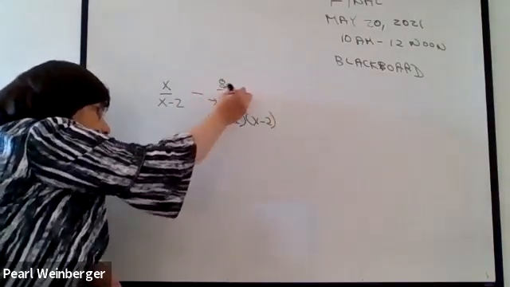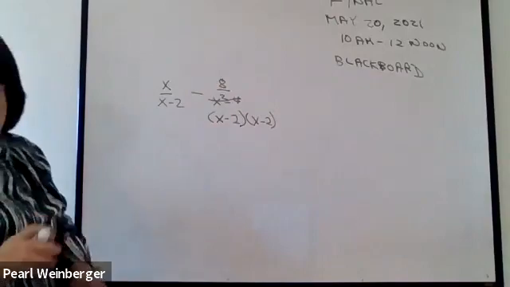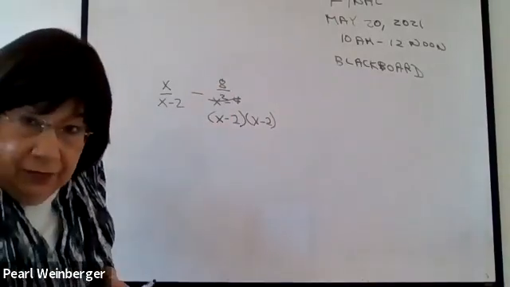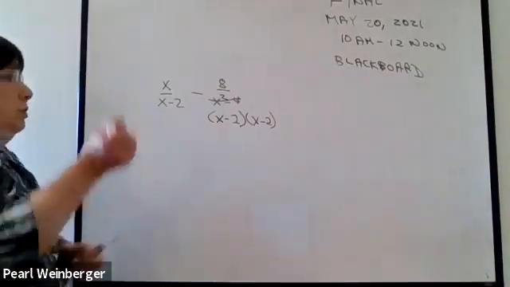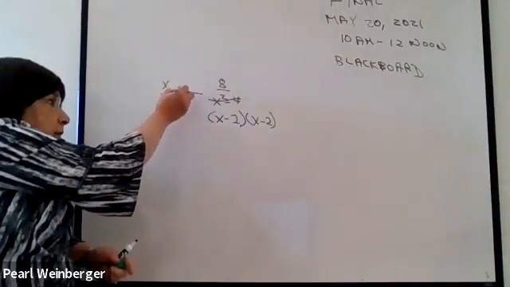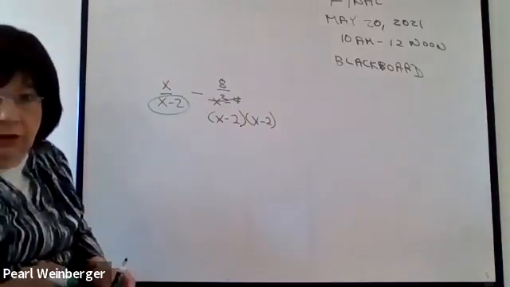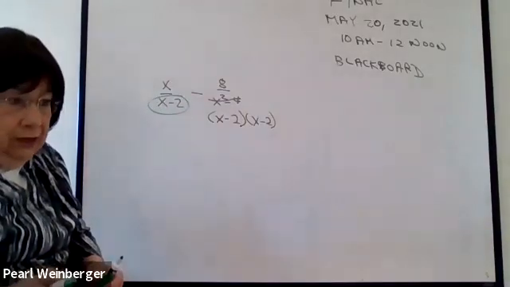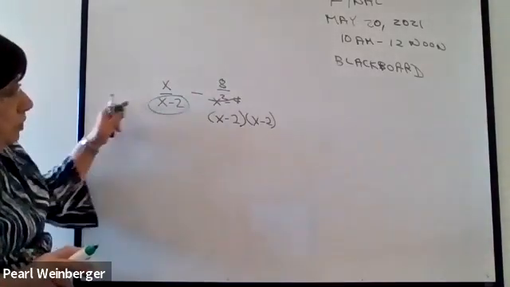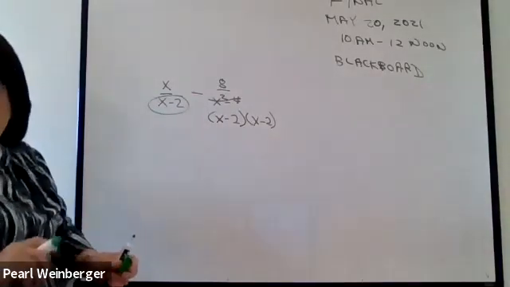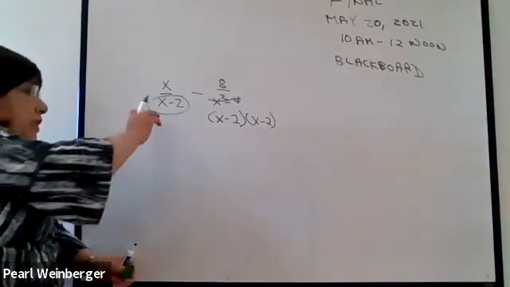So first I factor all my denominators, and then, if you remember, to find the common denominator I go to my first fraction and circle that denominator. If there are more terms there, I circle all the factors.